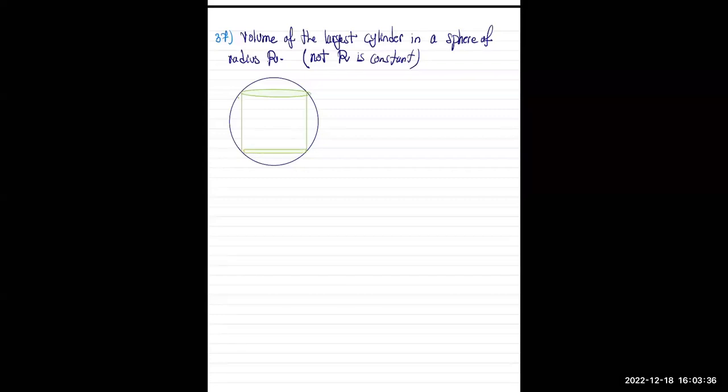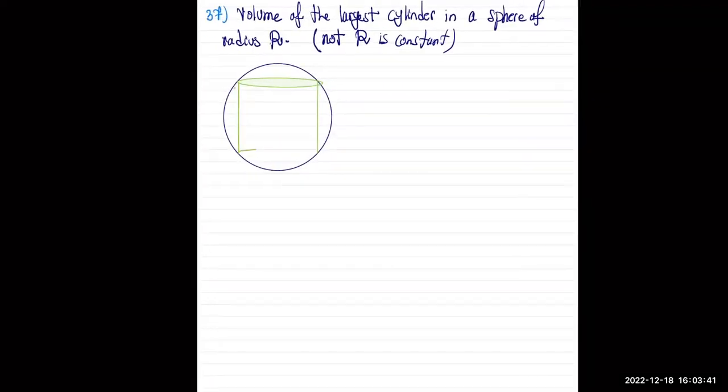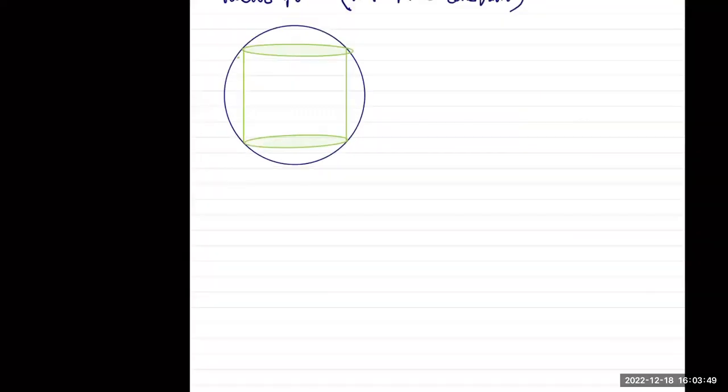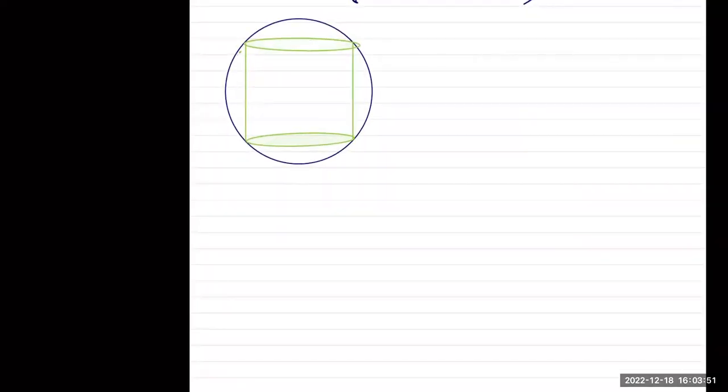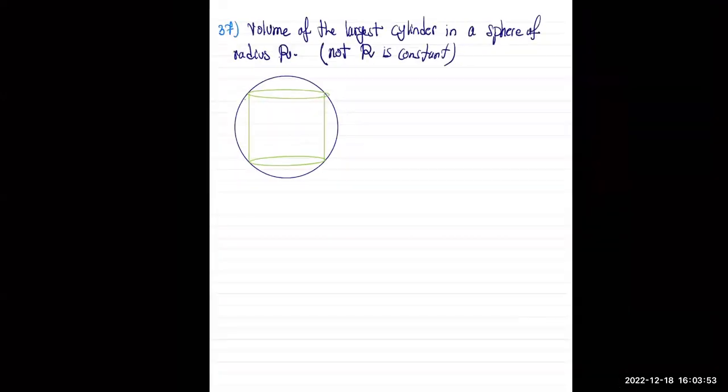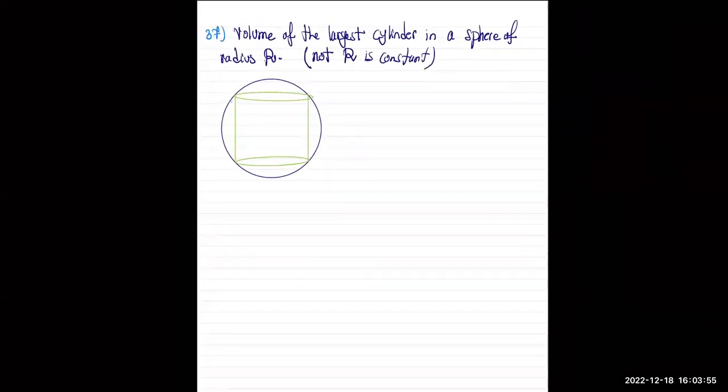There are so many cylinders that can be inscribed in the sphere. There can be infinitely many cylinders inscribed in a sphere. This is one. I could draw the picture like that.